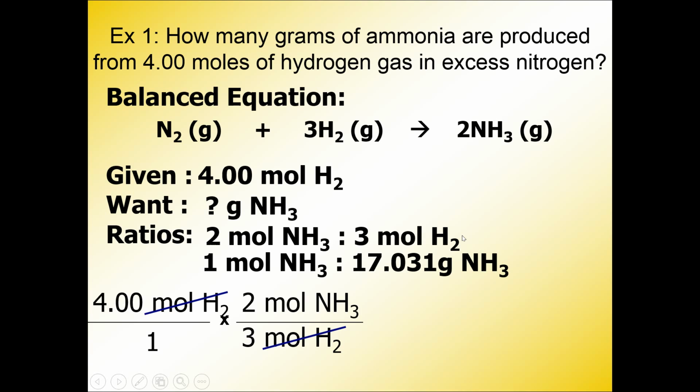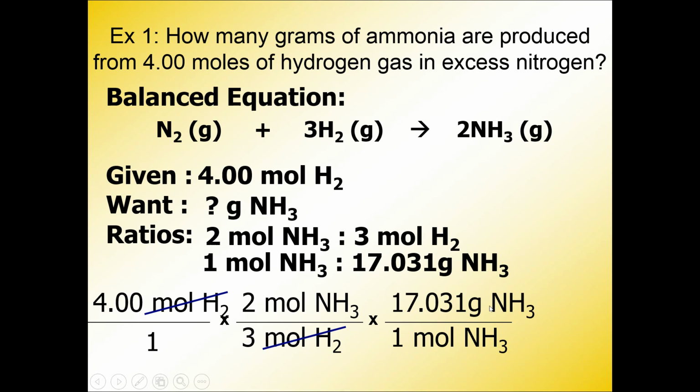I'm going to go ahead and move forward with the rest of the problem, making sure my moles of NH3 cancel out diagonally. So I'm going to take this piece of the ratio, 1 mole of NH3, and I'll put my 17.031 grams of NH3 in the numerator. My units cancel out diagonally nicely, leaving me with grams of NH3, which is great because that's what I wanted to end up with, grams of NH3.